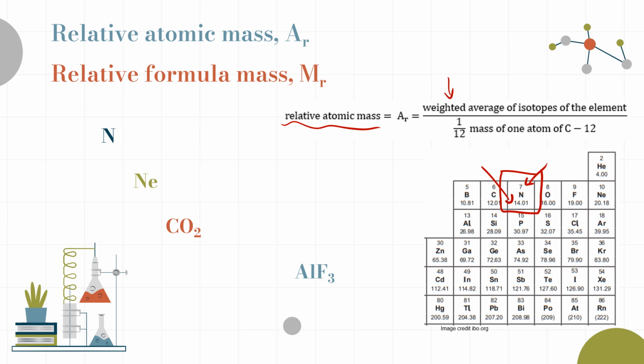Here, what we're going to think about is why there's no unit label on relative atomic mass. So when we figure out the masses of the different isotopes, remember that isotopes are atoms of the same element, same protons, different numbers of neutrons, and therefore different masses. To figure out the masses of these isotopes, we use a super cool thing called a mass spectrometer.